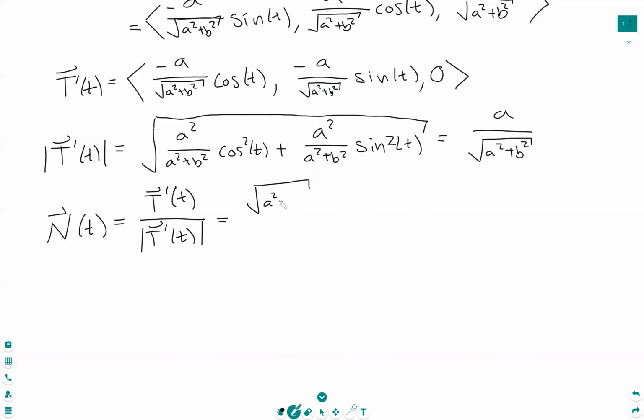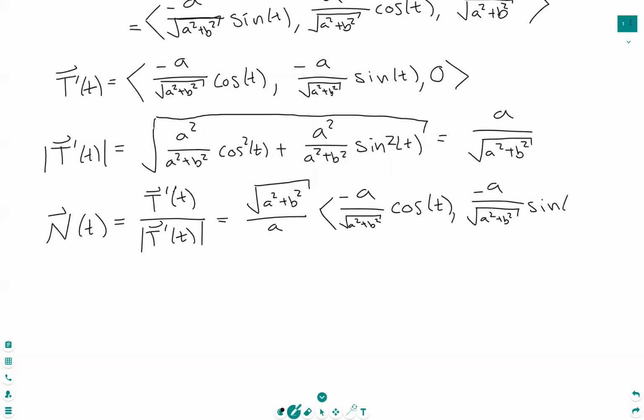So we have a squared plus b squared over a times our vector: negative a over the square root of a squared plus b squared cosine t, negative a over the square root of a squared plus b squared sine of t, and 0.